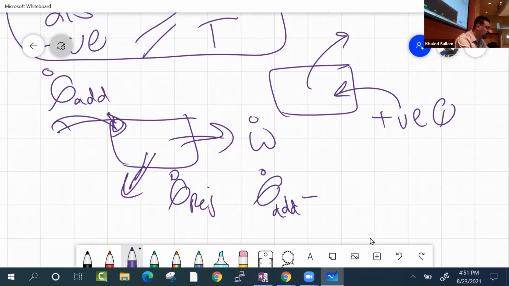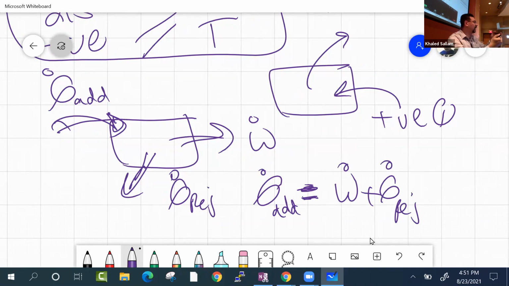You will say Q added equals work plus Q rejected, right? Input equals output. This coming in, he splits into some work and some Q rejected. And the second law says this is very important. This term, you cannot get out of that term.